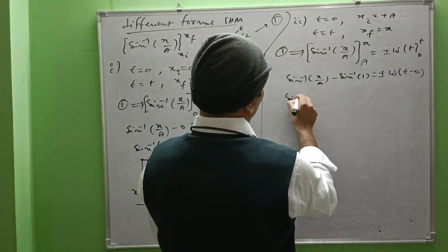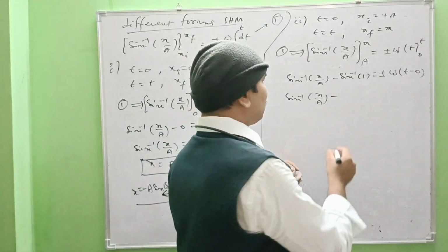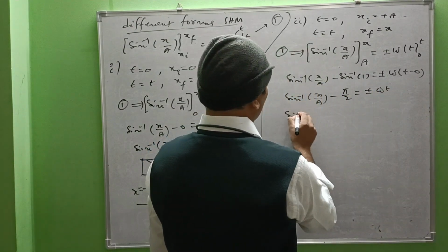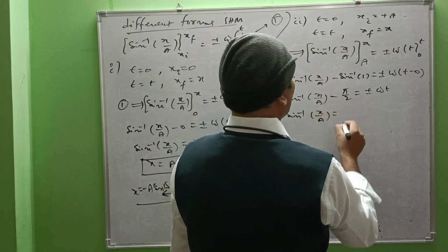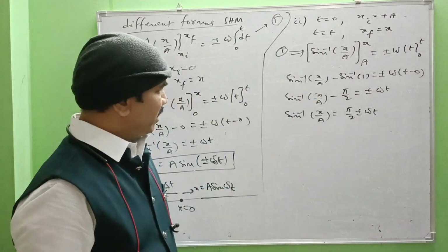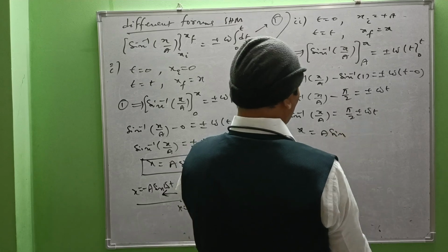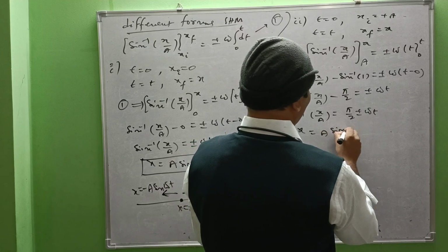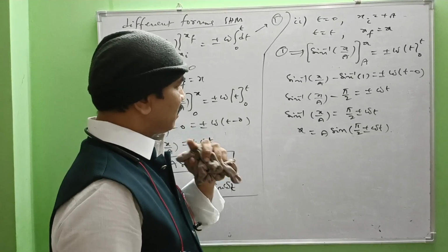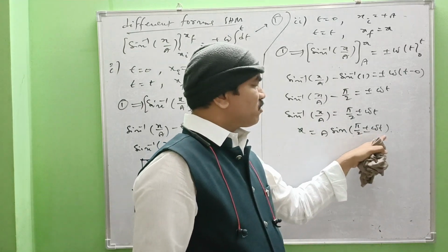That is sin inverse (x/a) minus sin inverse 1, and sin inverse 1 is π/2. So sin inverse (x/a) − π/2 = ±ωt. Now sin inverse (x/a) = π/2 ± ωt. So ultimately x = a sin(π/2 ± ωt). Sin(π/2 + ωt) means cos ωt, and sin(π/2 − ωt) is also cos ωt.